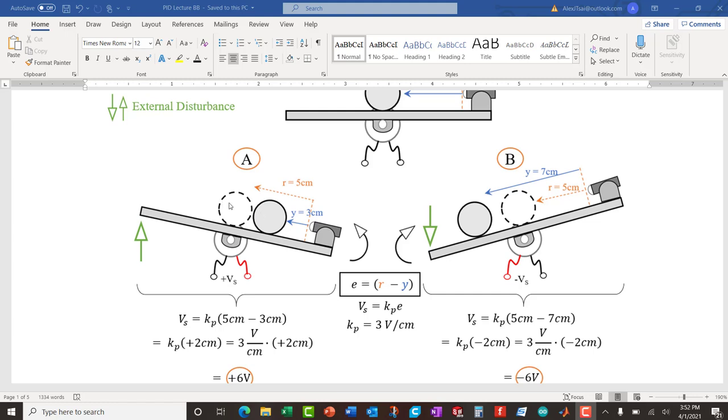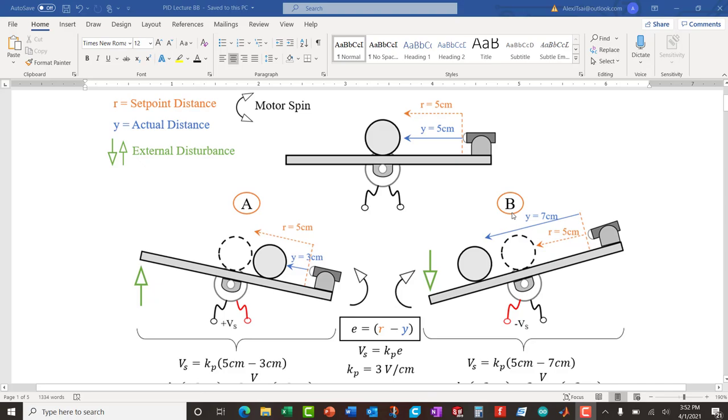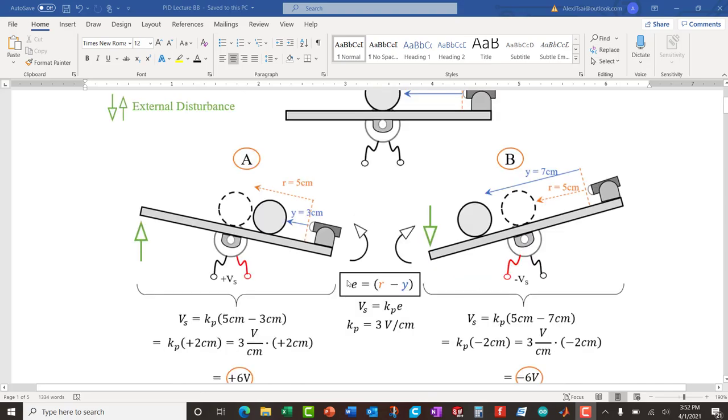Why is it not settling down? What's the problem there? And the problem has to do specifically with time. We have not factored any time considerations into our design. And this is where the proportional controller needs a little help from some other mathematical operations. In this case, we're going to be talking about integration and derivation and see what happens when you integrate, okay? And that's next. So this is proportional.